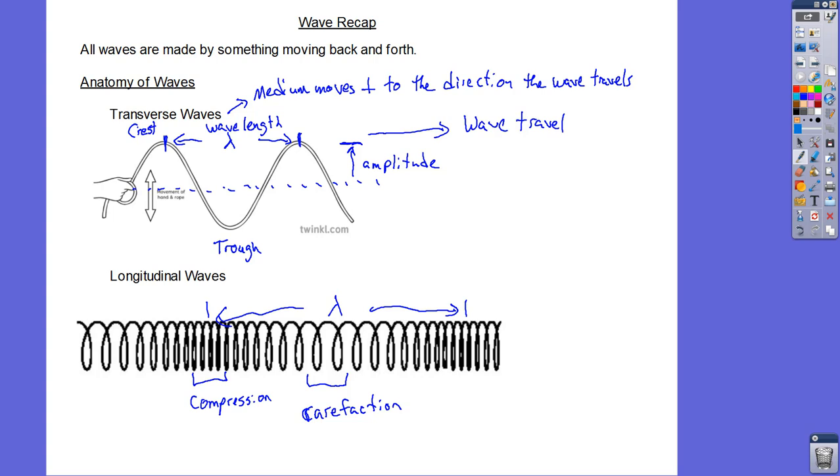And so in longitudinal waves, the definition is that the medium, if you look at one part of the slinky, is going to be moving back and forth as the wave travels. So the longitudinal waves are basically the medium moves parallel to the direction of wave travel.